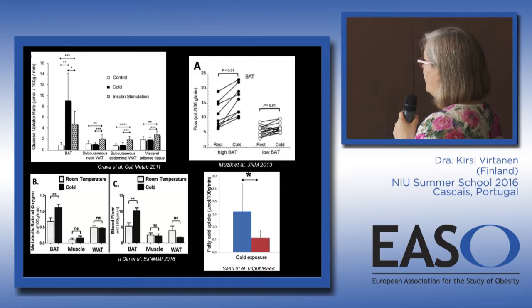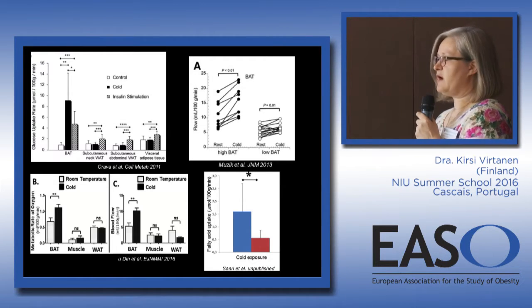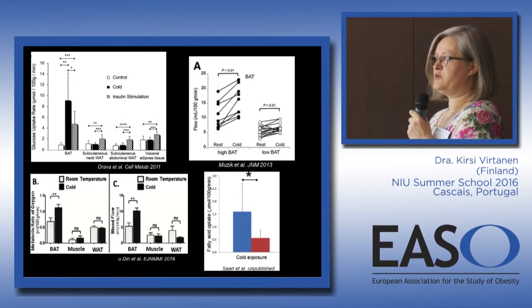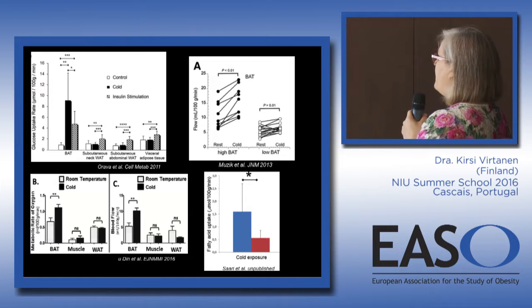And as the oxygen consumption increases in brown fat, it doesn't do so much in other tissues like muscle and white adipose tissue. It has been regarded as an important contributor to thermogenesis in humans as well.